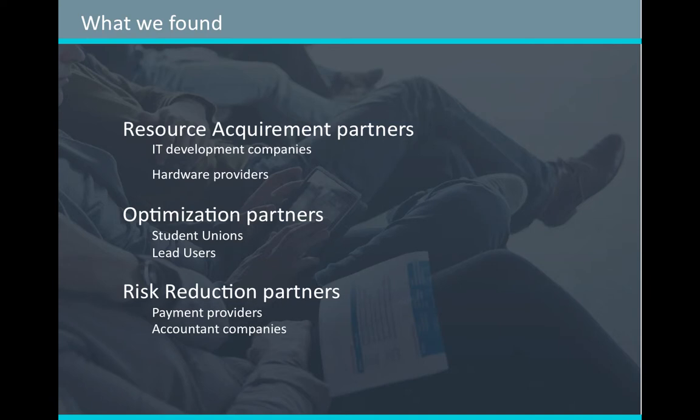They are already using messaging apps, and they could provide us with placing real valuable content that becomes popular and that is liked by a lot of other users, and which actually makes other users use our app. So we can offer them some rewards. And last of all, to reduce the risk, we will need to have some payment providers and also accountant companies for the intellectual resources.